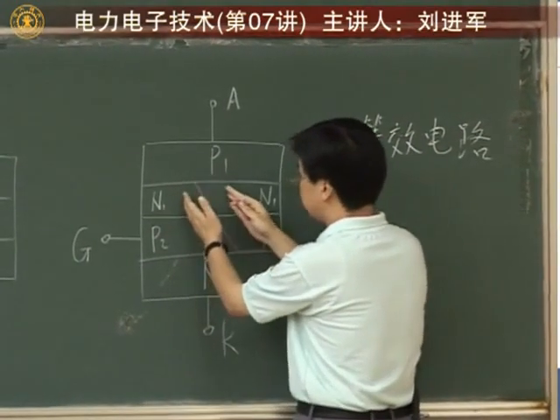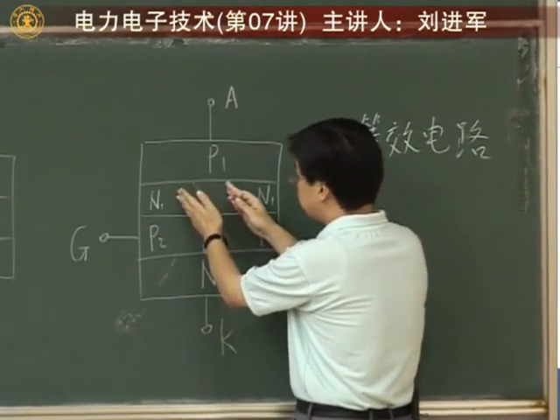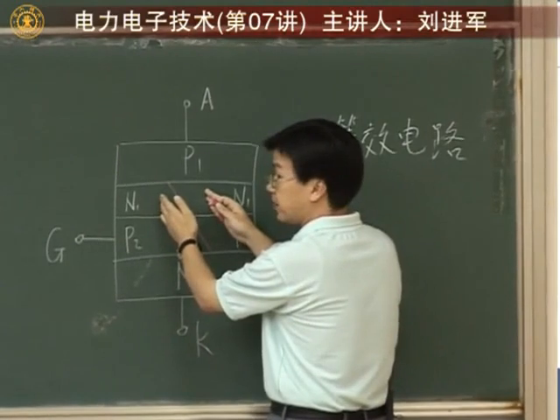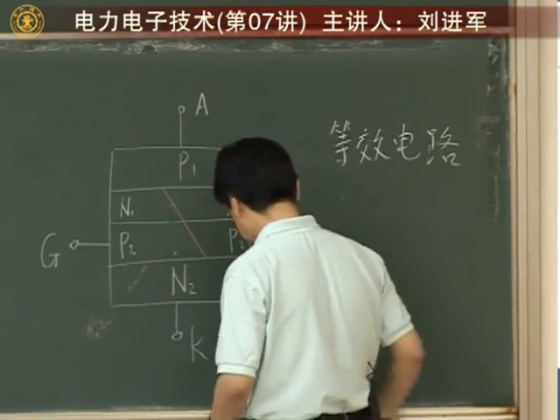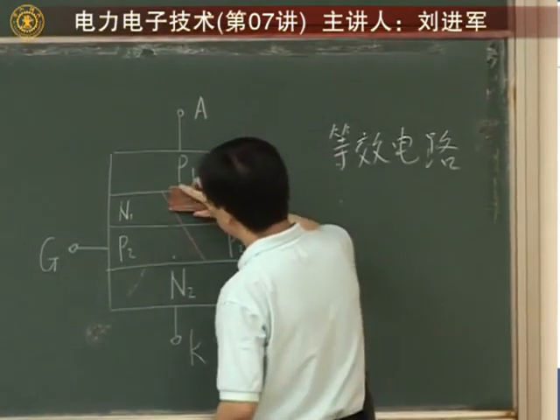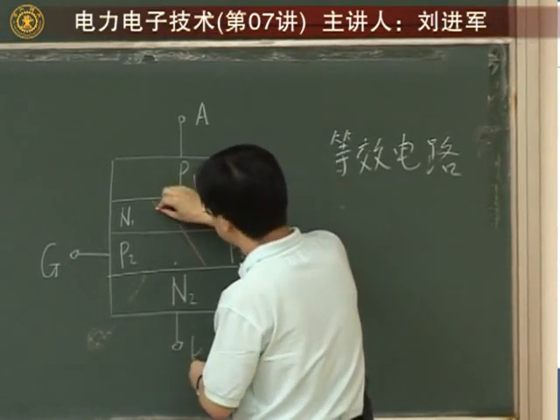Each layer is cut into two parts. And then I split these two parts a little bit. And I'm using a wire. Therefore it would be looking like this.